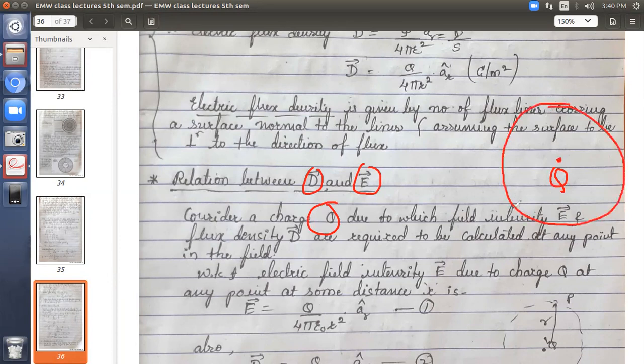Take a ball and place the charge Q at the center. Imagine, on the surface at some point here, say this is your point P, at which you want the electric field intensity and the electric flux density of this structure. This is the condition. You have placed charge Q at the center of the ball, and on the surface at some point we want these values, electric field intensity and electric flux density.